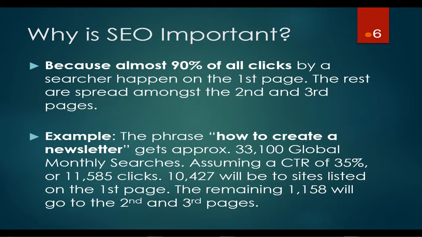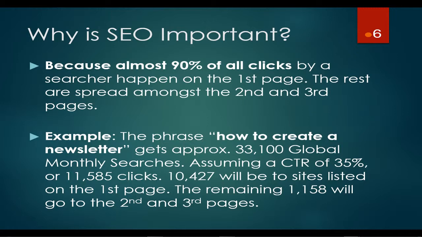Now you might be asking, why is SEO important? Well, one of the reasons is that almost 90% of all clicks by a searcher happen on the first page. The rest are spread amongst the second and third pages. For example, the phrase "how to create a newsletter" gets approximately 33,100 global searches each month.